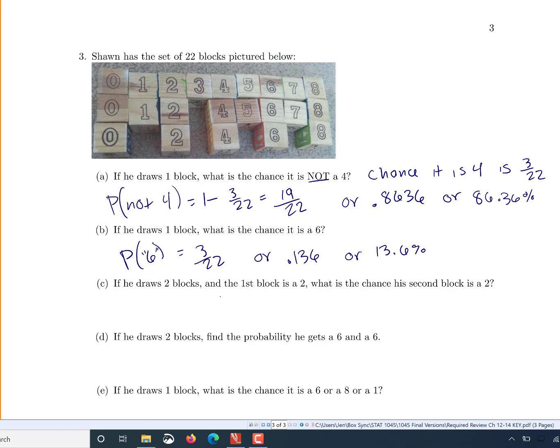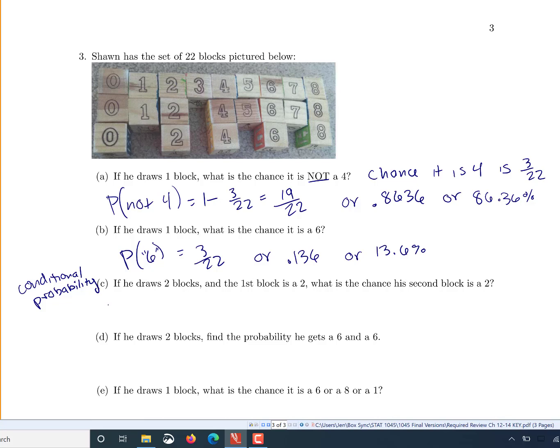Now, if he draws 2 blocks and the first block is a 2, what is the chance that his second block is a 2? This is what we call our conditional probability. It's a very important note. It did not say and. It did not say what's the probability of getting the first one as a 2 and the second one a 2.